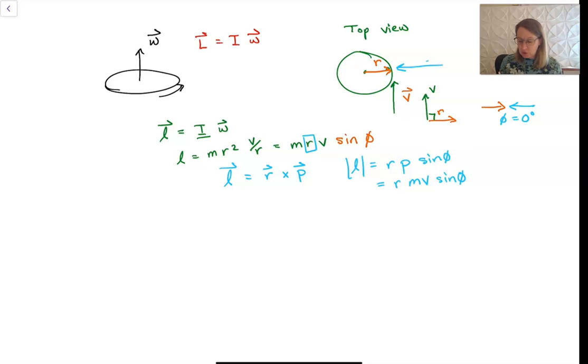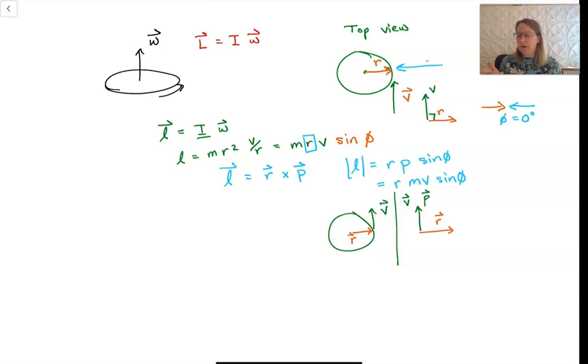You can check that the cross product works by looking at this top view. I'll redraw it with our r and our v like this. There's v and there's r. Then if we want r cross p, v is in that direction, which also means our momentum is in that direction.